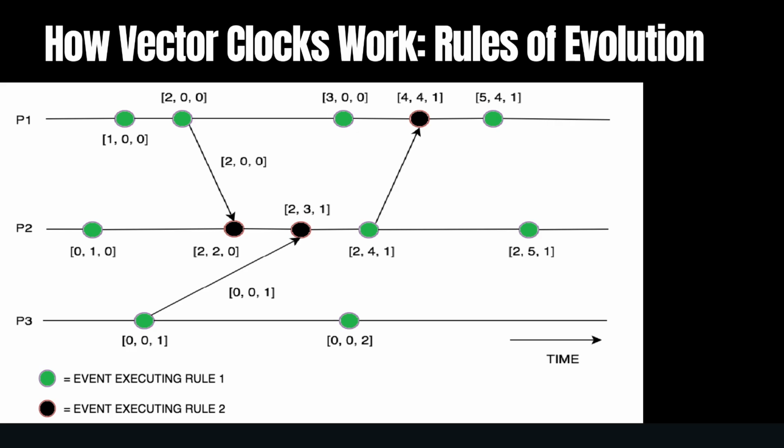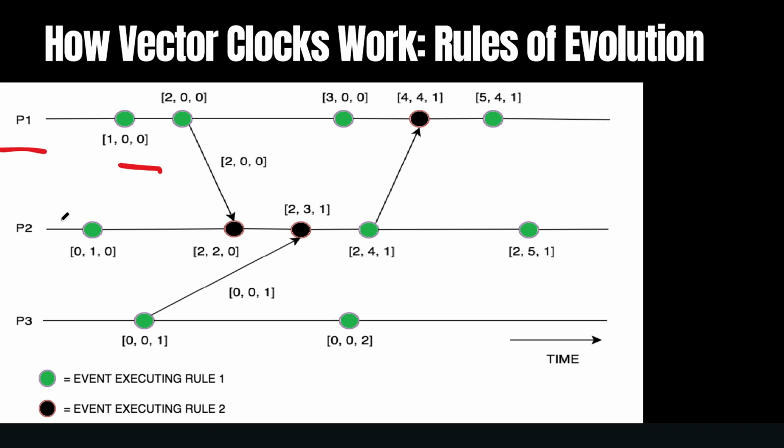What this means, first, we have the initialization. When a process or node, let's say P1, starts, its vector clock is initialized with 0 for all entries. Like it should be 0, 0, 0. So for a system with n nodes, P1 will start with 0 for all entries, okay?